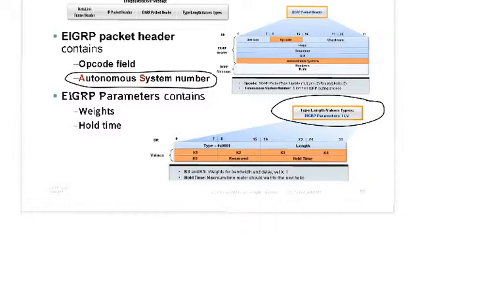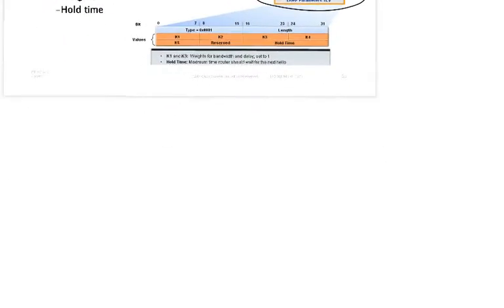So in the payload that contains the EIGRP parameters, as we said, we use a metric which is a combination of 4 parameters. The EIGRP parameters communicate to other routers through the network what parameters are used to calculate the metric. As an example, we don't have to know exactly the equation.